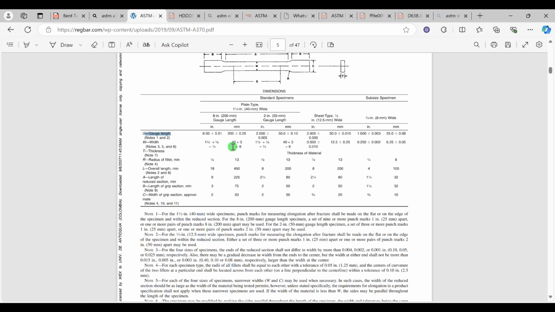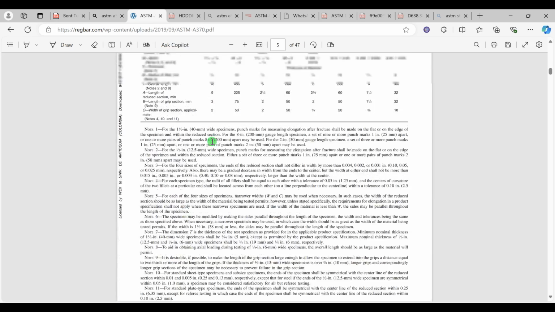Or in some cases, you can find in some papers that the authors mention the speed they used in their test.